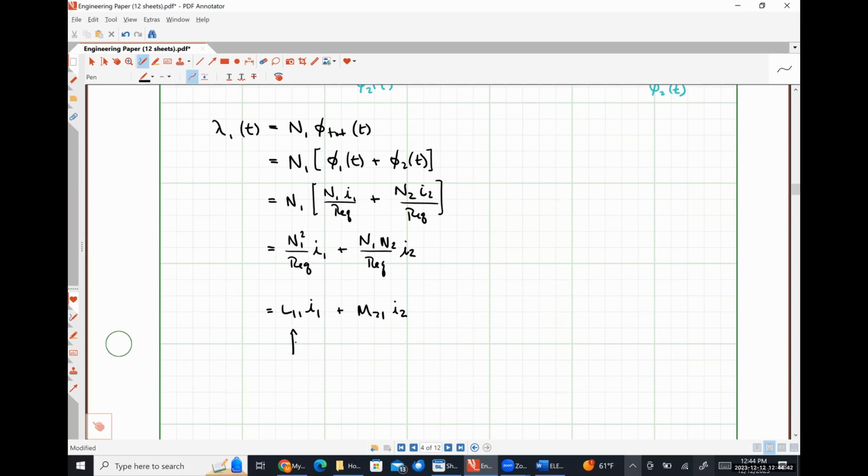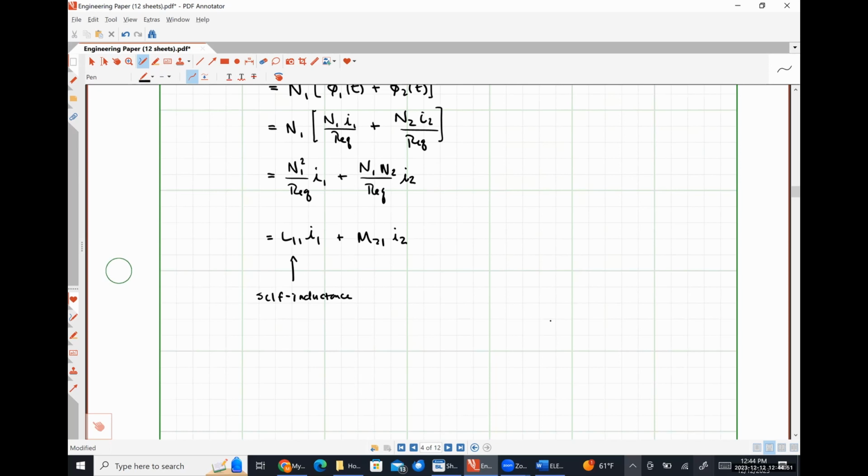This L11 is our self-inductance term, and it is the flux generated by coil one that is passing through coil one.